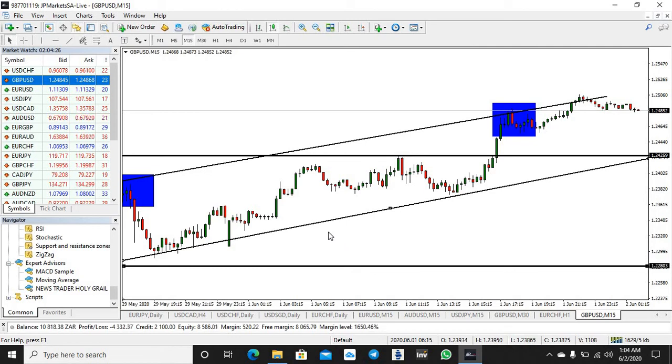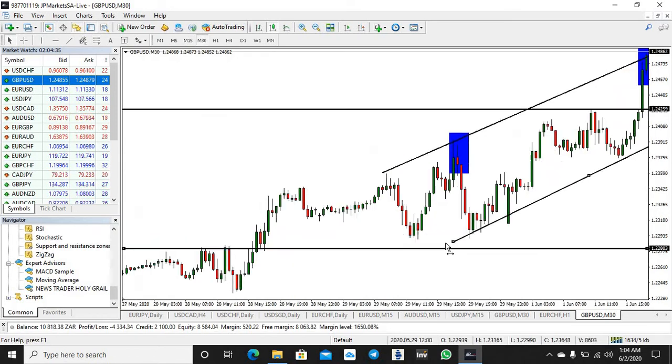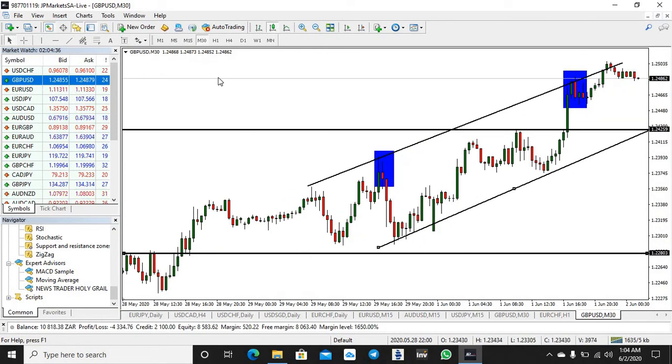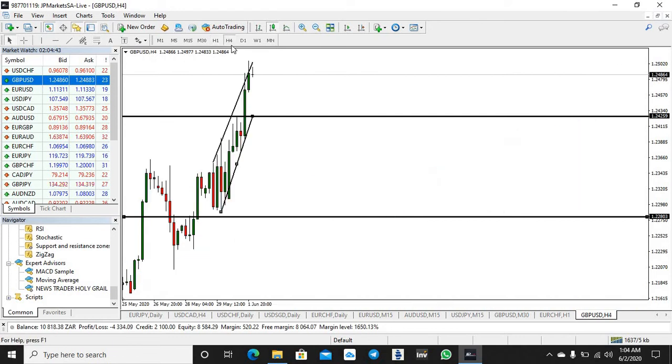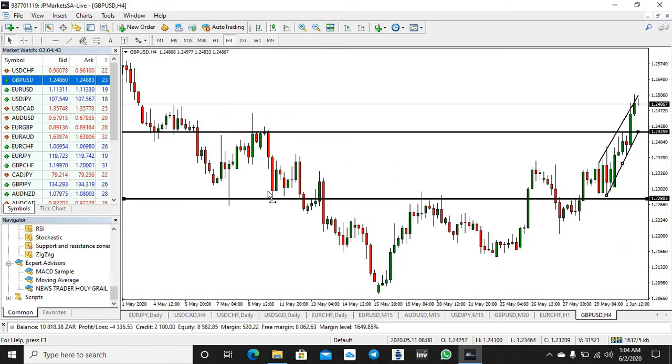So using channels, it's a very wise way to trade. Checking your support and resistance, it's very important also. You can get our system that's just gonna automatically draw your support and resistance.